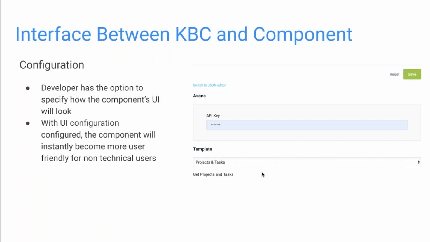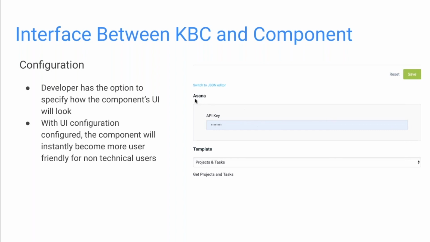Okay, the interface between KBC and the component. To start, we'll begin from configuration. The developer has the option to specify how the component's UI will look. With the UI configured, the developer has the flexibility to present the UI in a more user-friendly way, so whoever is going to use it finds it easier.